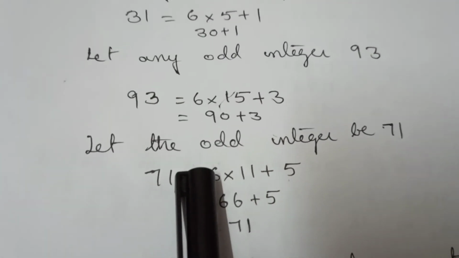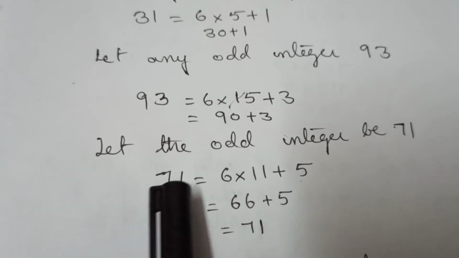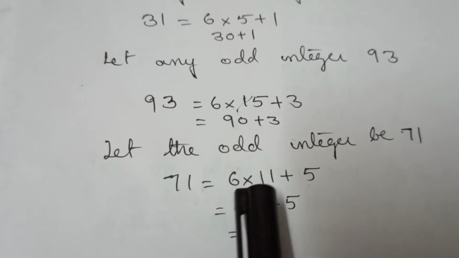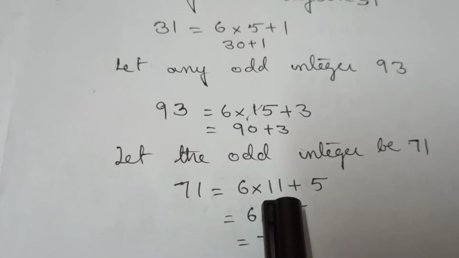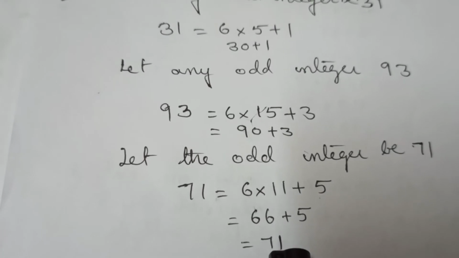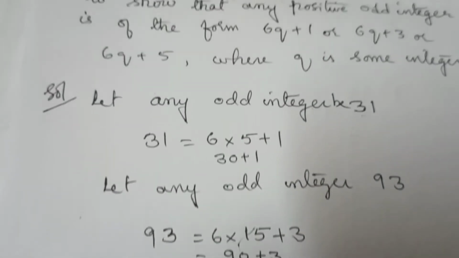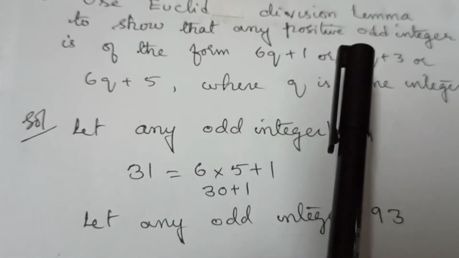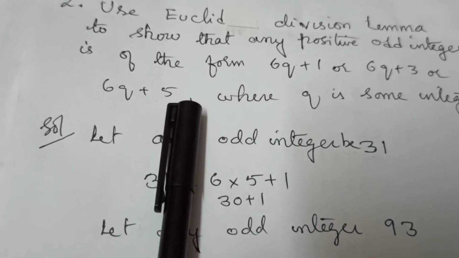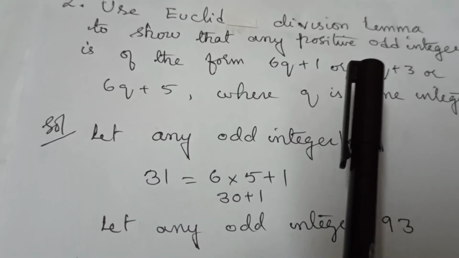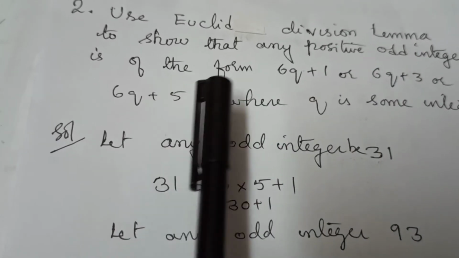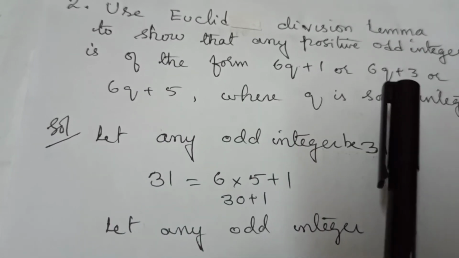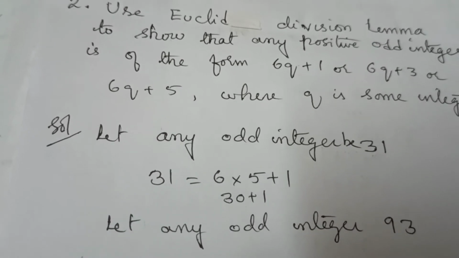Here we have taken another one, 71, which is 6q plus 5. Here the q value is 11. If we take 71, 6 elevens are 66, and 66 plus 5 is 71. So we have proved all the three: 6q plus 1, 6q plus 3 and 6q plus 5. So we have shown that any positive odd integer is of the form 6q plus 1 or 6q plus 3 or 6q plus 5.